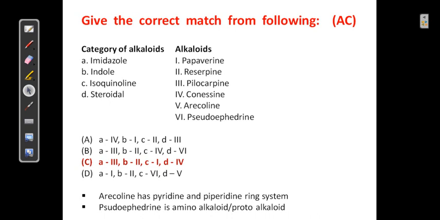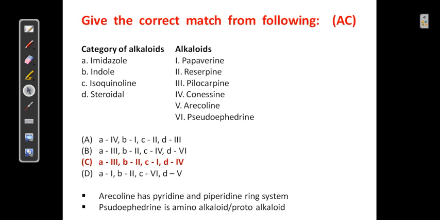Indole alkaloid example is reserpine. Isoquinoline ring, which we have already discussed, papaverine is an example of isoquinoline ring containing alkaloid, and steroidal alkaloid example is conessine, which is obtained from Kurchi bark.